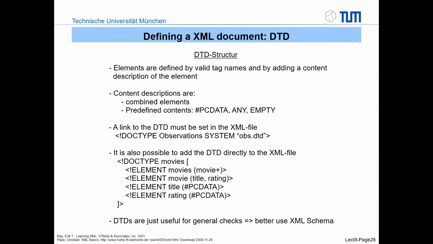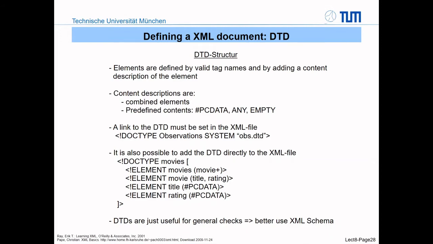Content descriptions are in principle really limited in this style. As I said, XML schema really defines additional types. Here we can just have PCDATA, which is in principle anything of data. So you have this hash sign PCDATA. You can have ANY, which is anything, or it can be EMPTY.